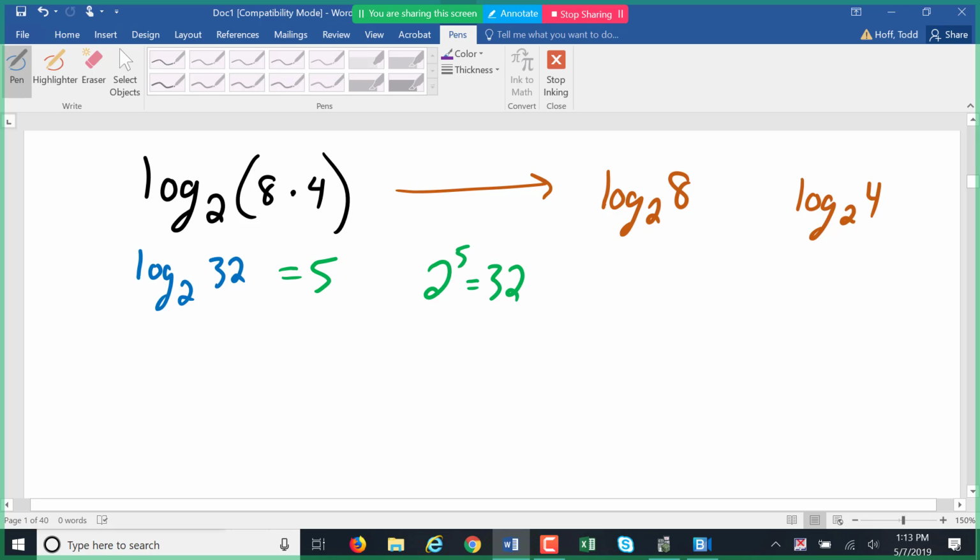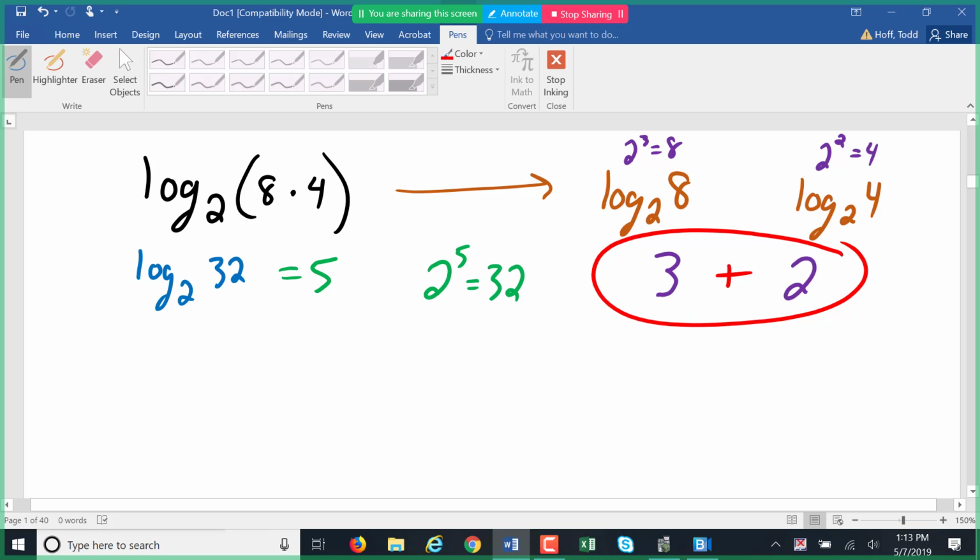Log base 2 of 8 is 3. 2 to the power of 3 equals 8. What's log base 2 of 4? 2. 2 to the power of 2 equals 4.